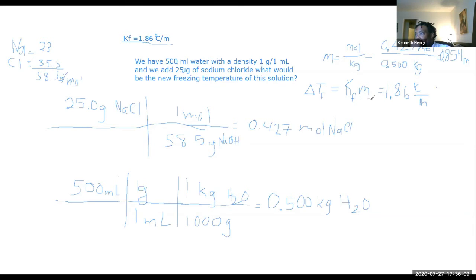What does that little m stand for? The molarity. Molality. Molality. Oh my gosh. Yes. So then that's going to cancel out. We multiply that straight across.